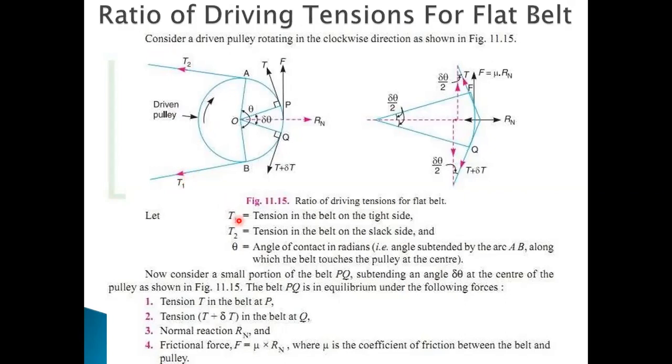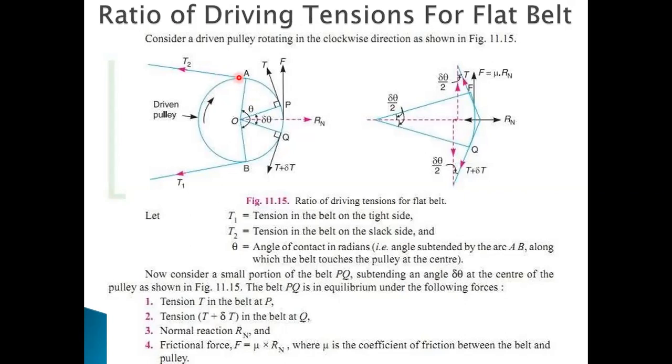So T1 is taken as the tension in the belt on the tight side, whereas T2 is the upper side of the belt and it is the slack side. T2 is taken as the tension in the belt on the slack side, whereas theta is the angle of contact, or you can say the wrap angle of the belt.